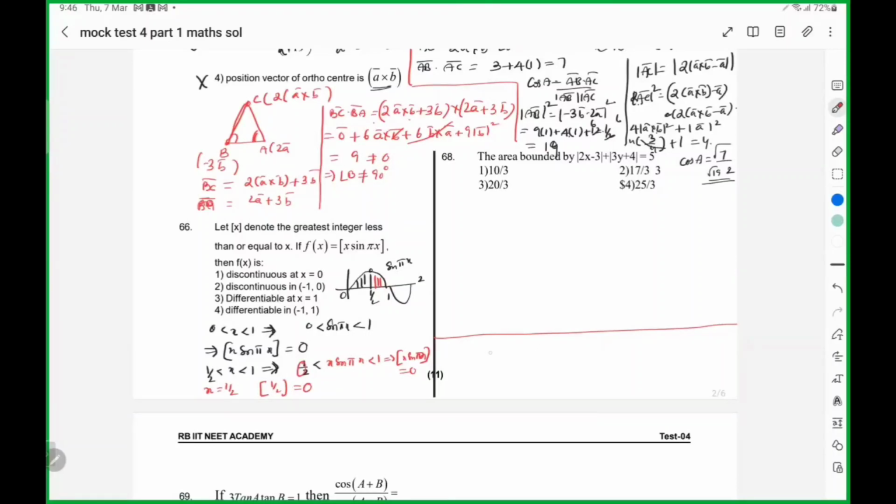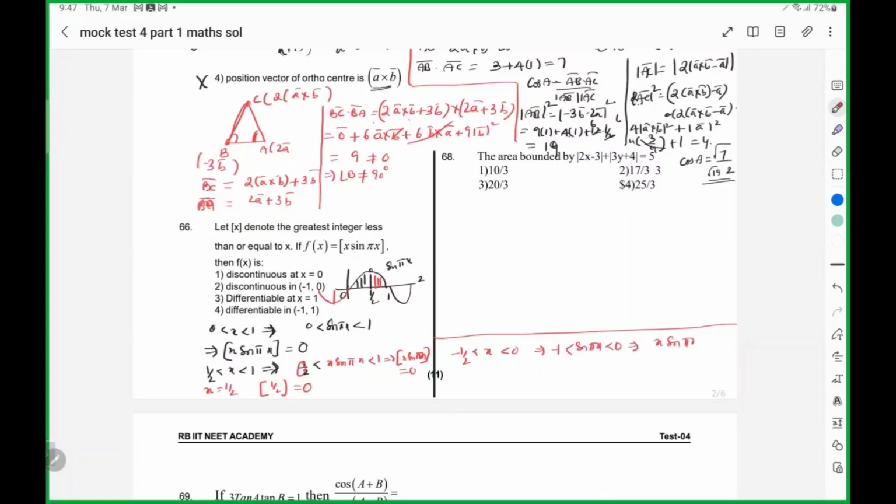So let us calculate the left side also, minus half to 0. The graph will be like this. Sine pi x will be between -1 and 0.